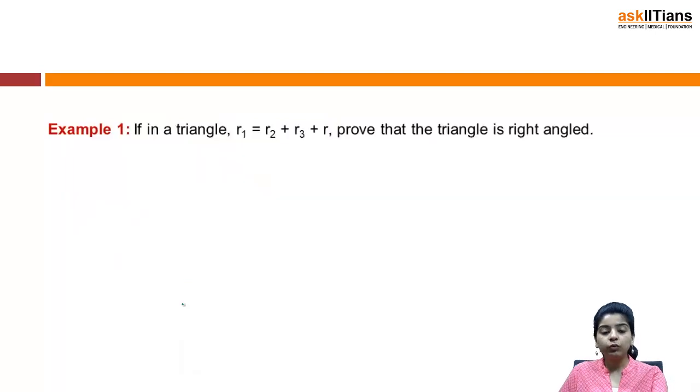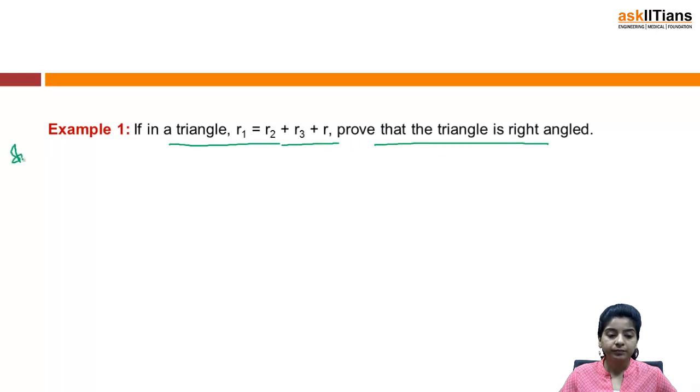Okay, now we have certain questions based on these formulae. The first one says, if in a triangle R1 is R2 plus R3 plus r, prove that the triangle is right angled. So we are given that R1 is R2 plus R3 plus r.